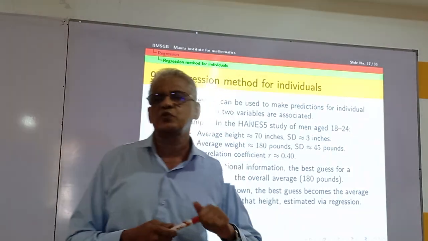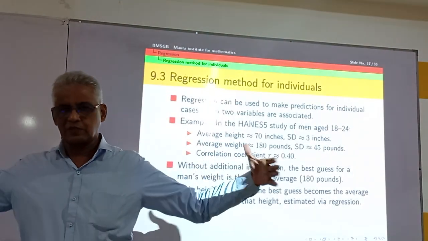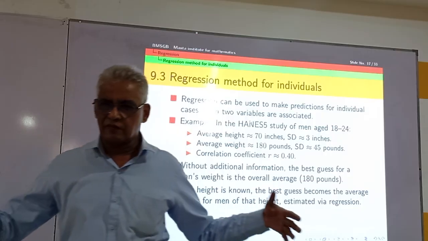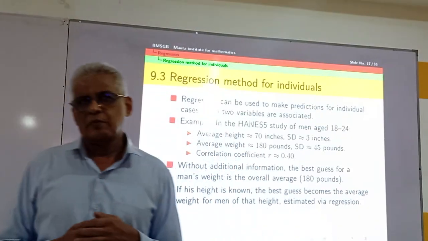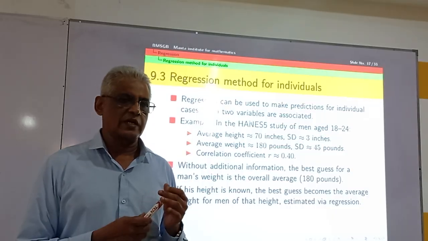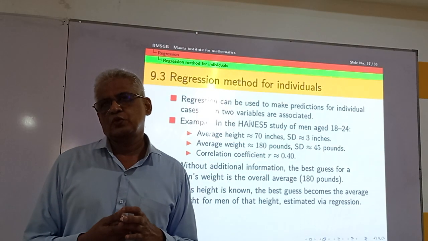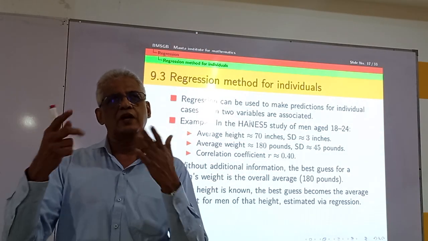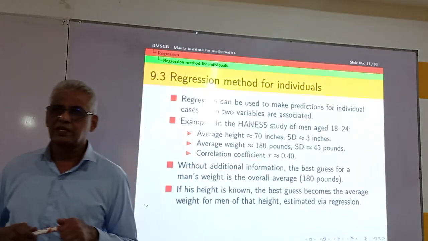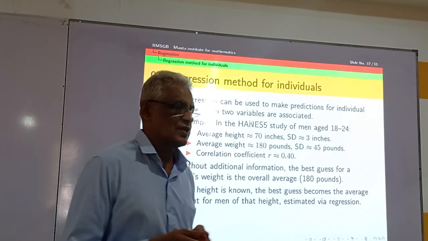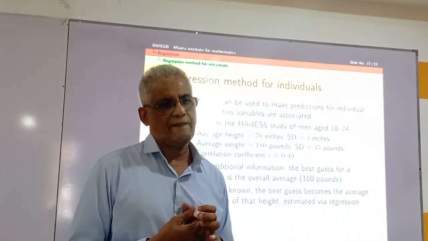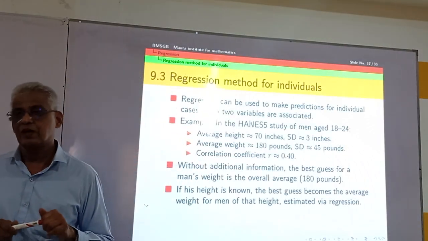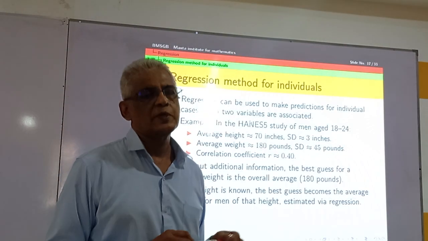For example, suppose you know the average weight of people, and the standard deviation of weight of people, and so on. But you don't know anything about x, height. So without knowing x, if I ask you to predict the weight of a person, what is the best prediction? The average. That will be the best prediction, right?